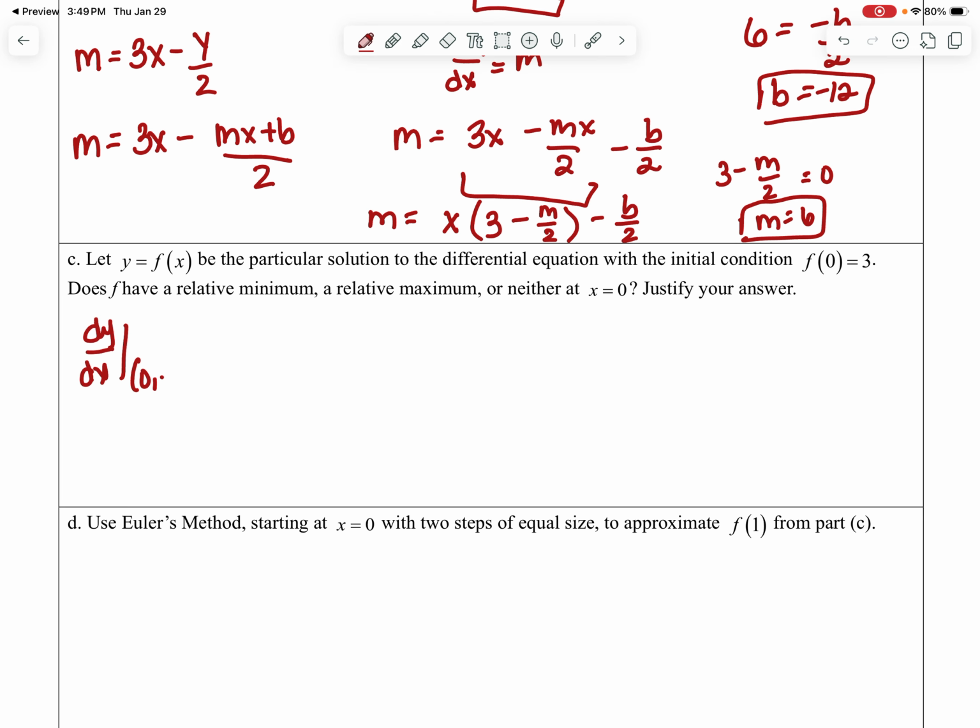Now, plot twist. Make sure that you're also using notation here. Whenever you're doing 0 and 3, you're going to do 3 times 0 minus 3 over 2, which is negative 3 over 2, which is not 0.